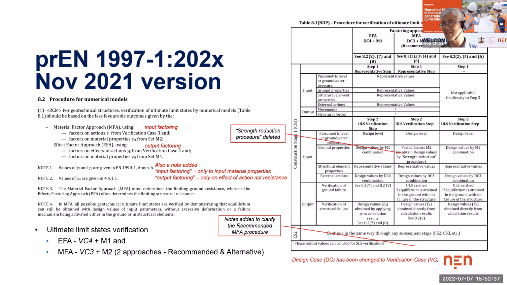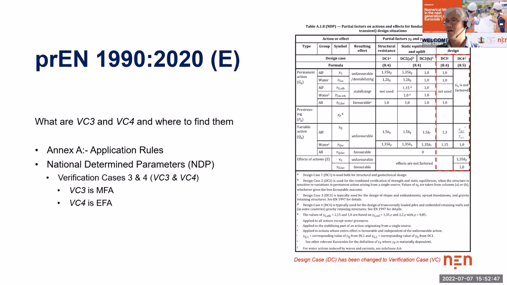And the output factoring is only the factoring on the effects of actions only, not the resistance. Colin also mentioned this. The EN 1990 is where you can find verification case 3 and verification case 4. I'll just show this to reiterate that this is where you find these two verification cases if you need the details.